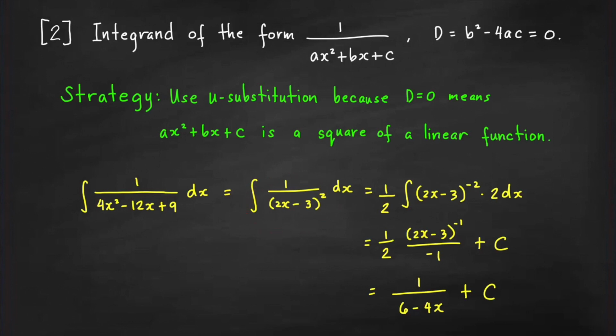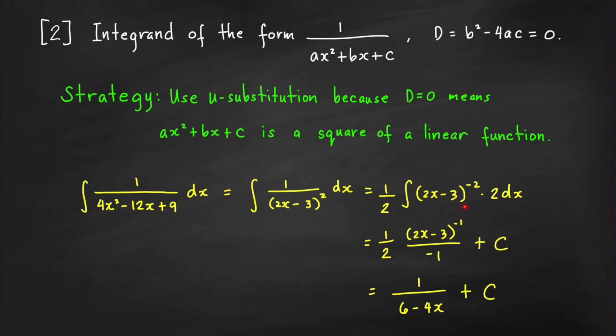We can write it as 1 half times the integral of 2x minus 3 raised to negative 2. This is our u, the 2x minus 3, so our du will be 2 dx. That's the reason why we multiplied by 1 half, to make these two expressions equal. Now just think of this as the integral of u raised to negative 2 du.